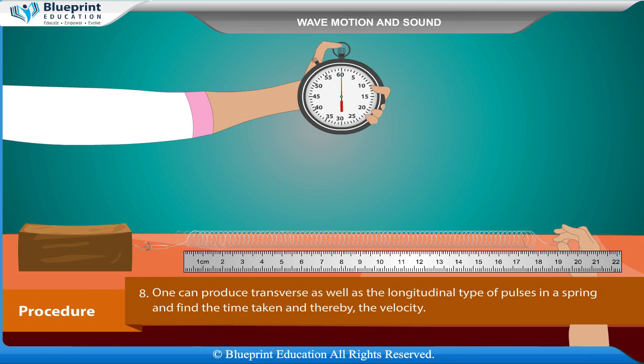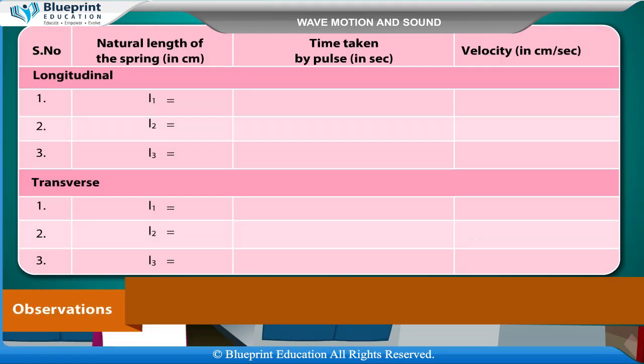One can produce transverse as well as the longitudinal type of pulses in a spring and find the time taken and thereby the velocity. Observations: natural length of the spring in centimeter, time taken by pulse in second, velocity in centimeter per second.